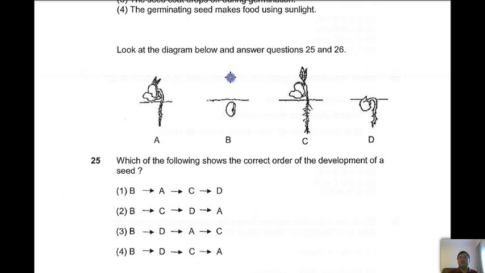This is 1, 2, this is 3, and this is 4. B, A is wrong, B, C is wrong. B, D, C, A is the answer, not the other way around.